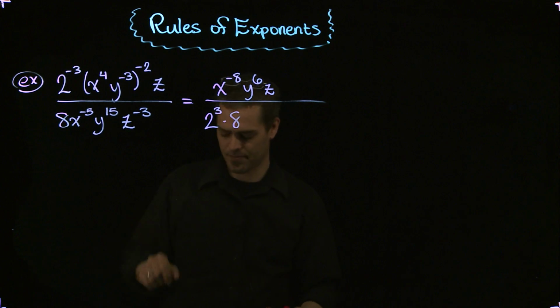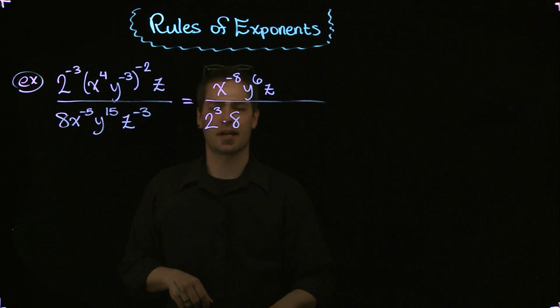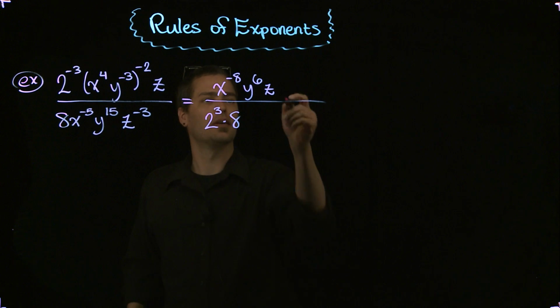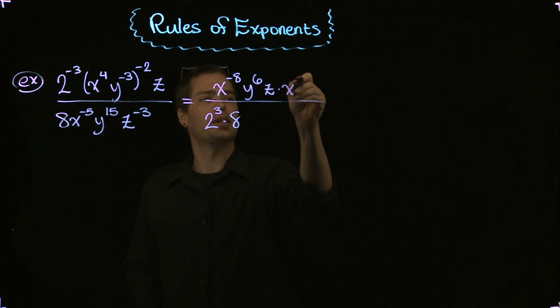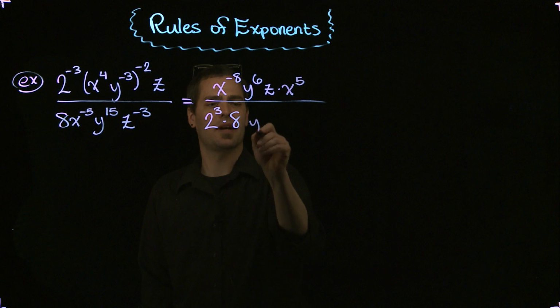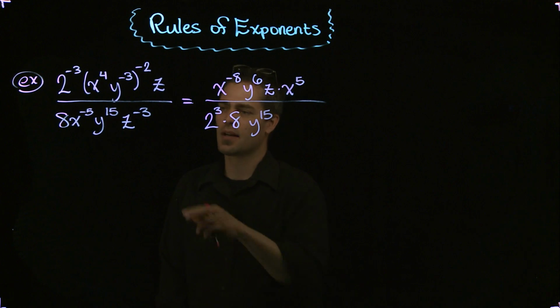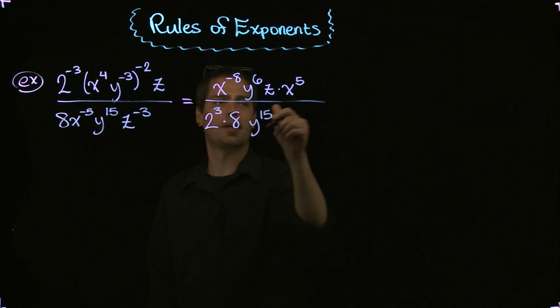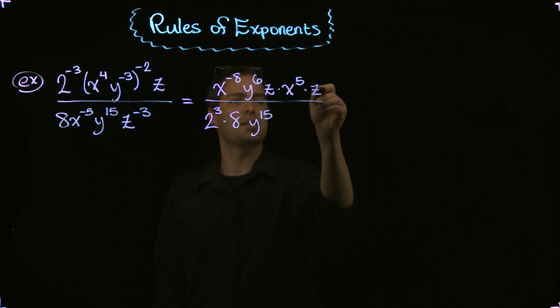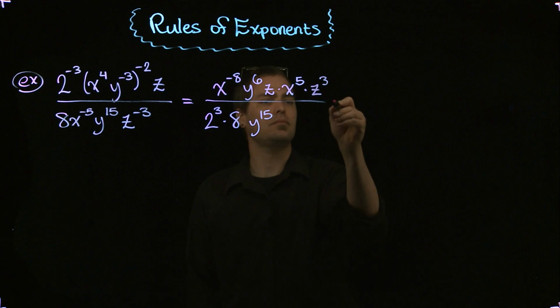It gets multiplied by that. X to the negative 5th, I'm going to go ahead and take that upstairs here, times x to the positive 5. I take it upstairs, it becomes positive. The y to the 15th remains, or I just feel like keeping it there. The z to the negative 3, I'm going to bring that up to the top and multiply by z to the positive 3. And now keep simplifying from here.